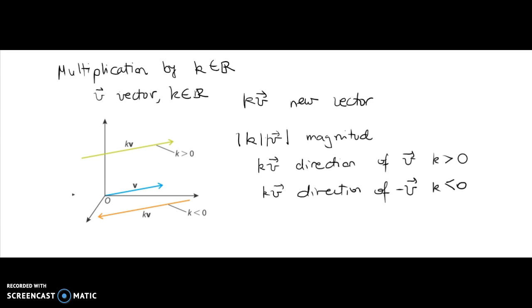In coordinate form, when we have the vector u given by x, y, z, as before, and we multiply by k, the new vector is going to have coordinates that are the same as the old one multiplied by the real number k.